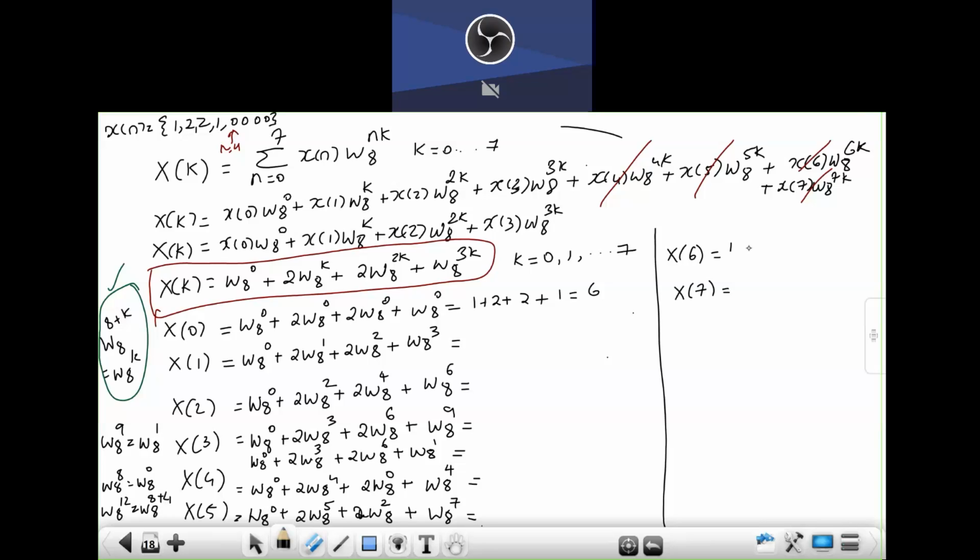X of 6 is W8 power 0 plus 2 W8 power 6 plus 2 W8 power 6 into 2, 12. You can write 12 as 8 plus 4, so W8 power 4. Plus W8 power 3 into 6, 18.